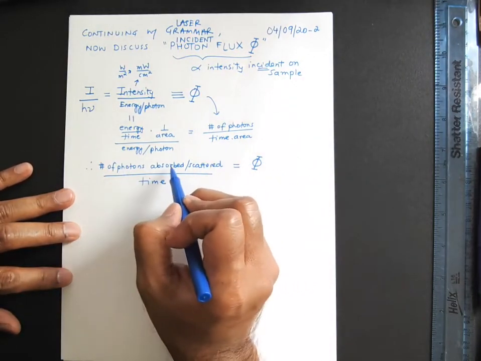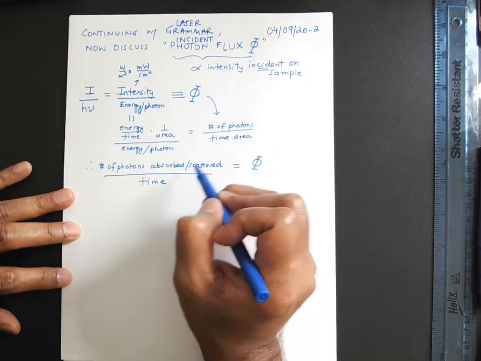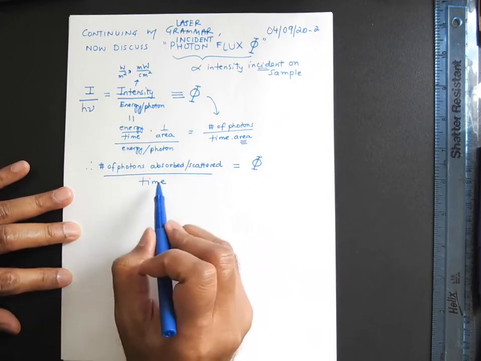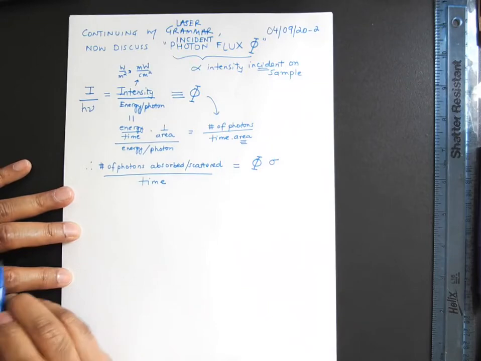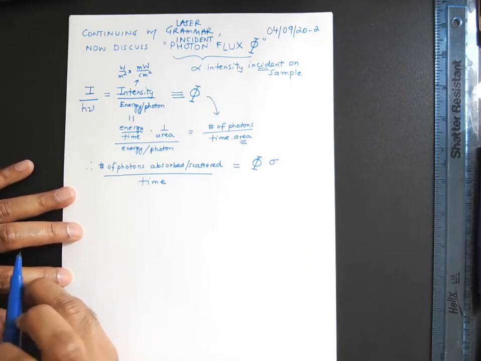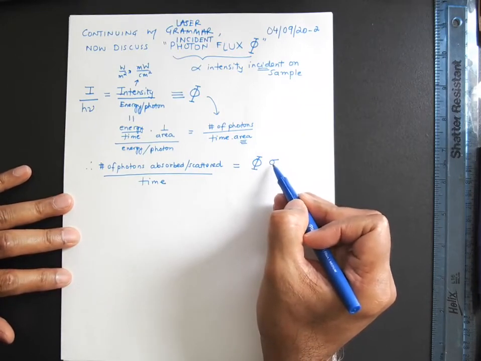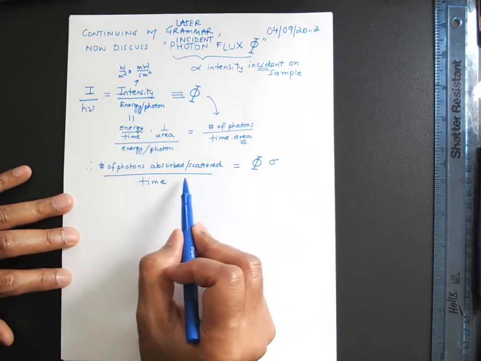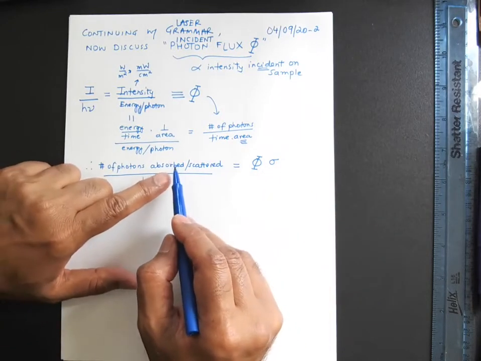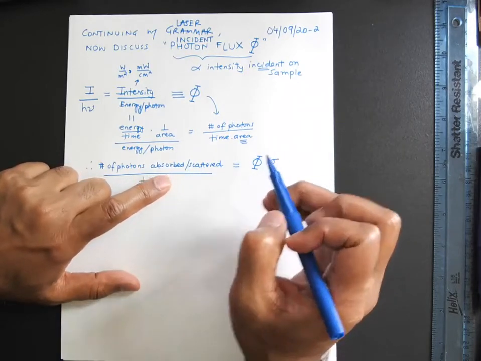This is the number of photons absorbed or scattered per unit time. So what about the area? If I multiply this by sigma, then you notice that I took the incident flux and multiplied it by the attenuation cross section, so I multiplied it by an area. And so the dimensions become the number of photons now absorbed or scattered, because I've multiplied it by sigma.